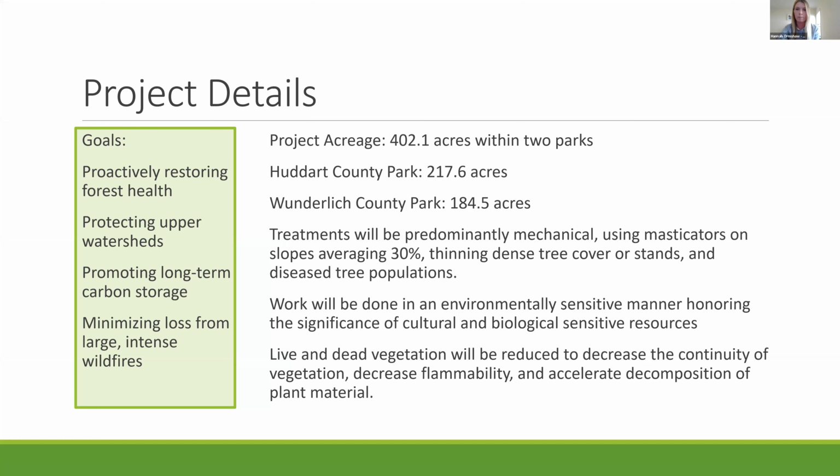The work will be done primarily with mechanical methods like the masticator you saw on the previous slide. And this will be to thin dense forest stands and understory vegetation.